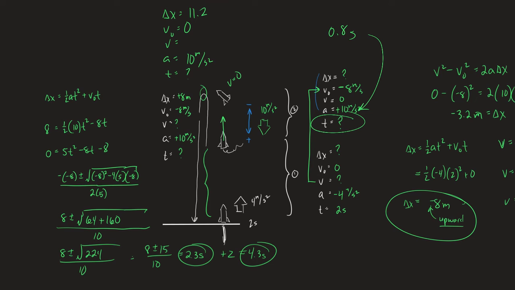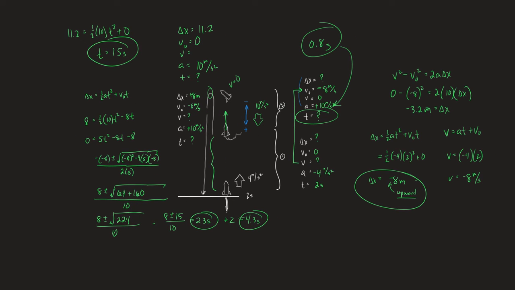And now you're solving for the time. You won't have to do a quadratic this way. So you'll get 11.2 equals 1/2 times 10 t squared plus 0. So, what's that? 1.4? Okay. So 1.4 plus 0.8 plus 2, yeah, same. Yay!